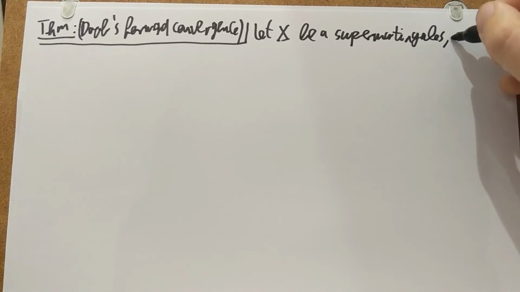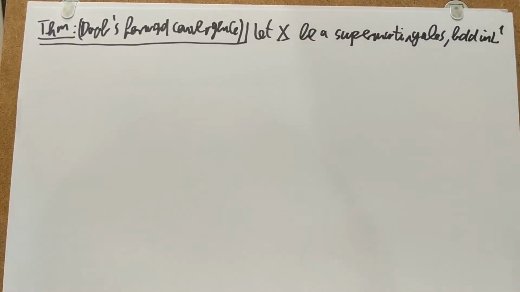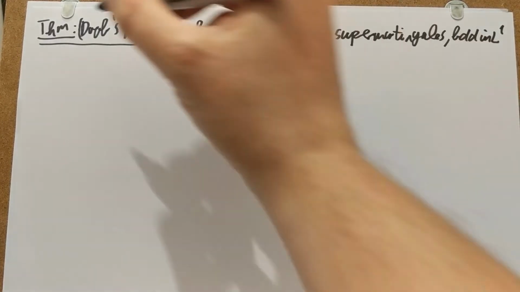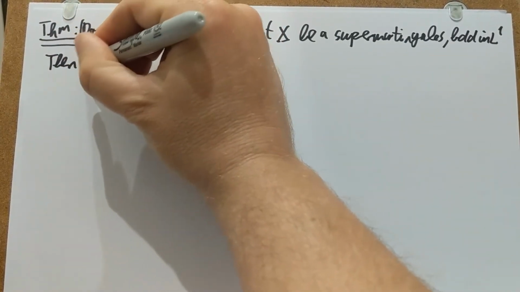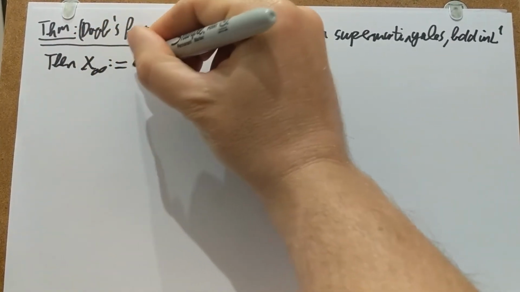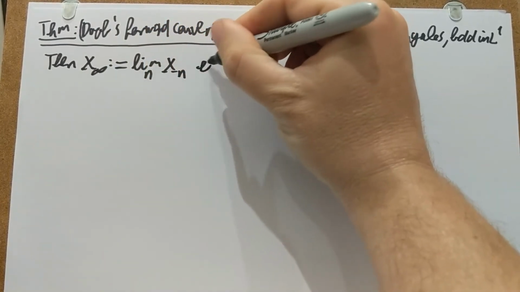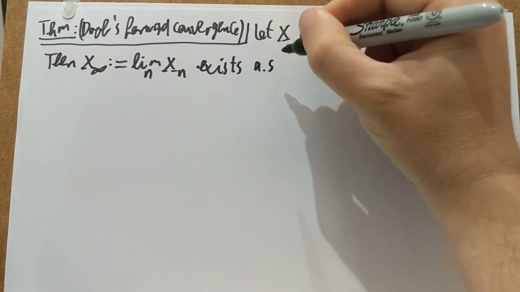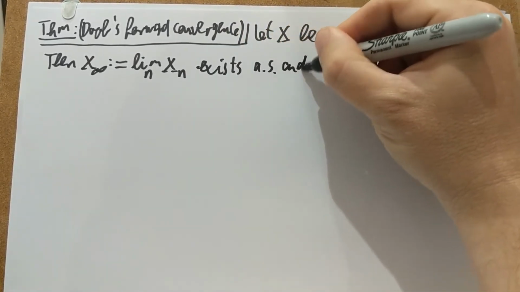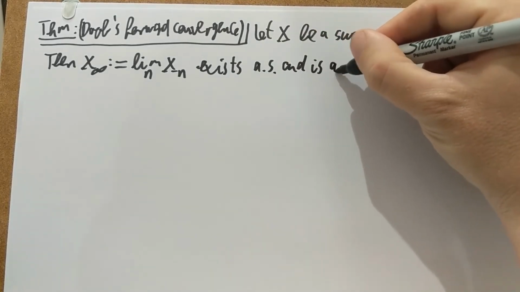And I also assume it's bounded in L1, just the same way as for the corollary before. Okay, then it does converge. X infinity, defined as the limit of the Xn's, exists almost surely, and in that case is almost surely finite.